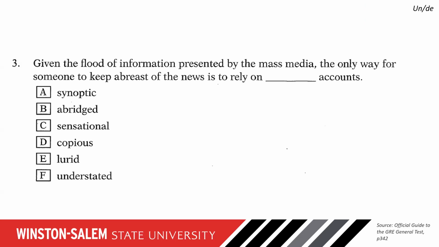Because it's saying, given the flood of information by the mass media, the only way for someone to keep abreast of the news is to rely on. Isn't abridged something that's shortened? Yes, it is shortened, yes. So I feel like B is incorrect.